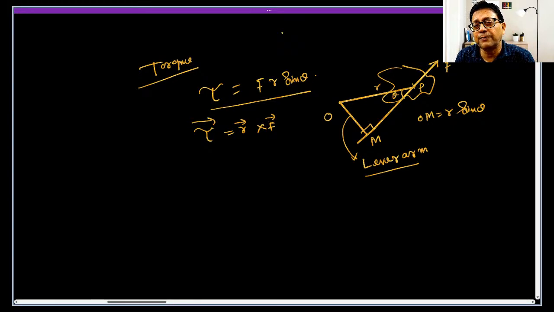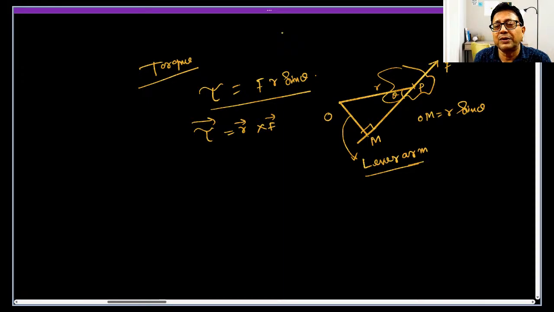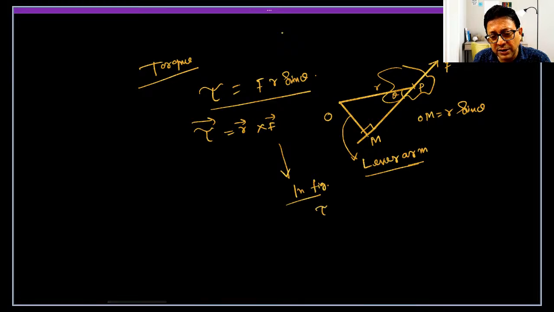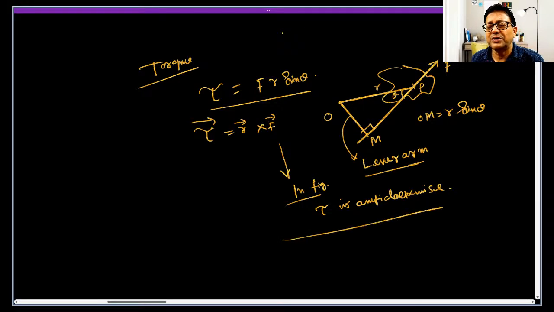So in this figure, the torque tau is anti-clockwise, because this force will rotate the lever arm in anti-clockwise sense.